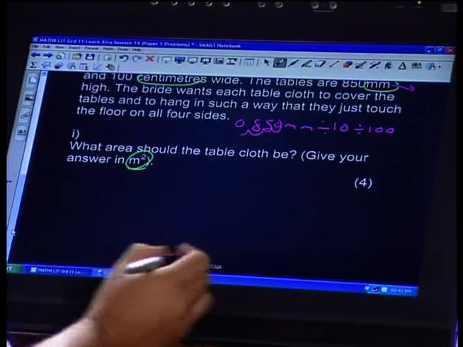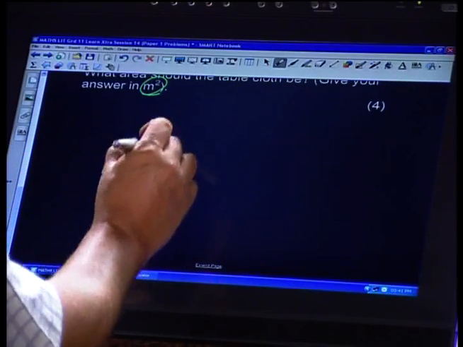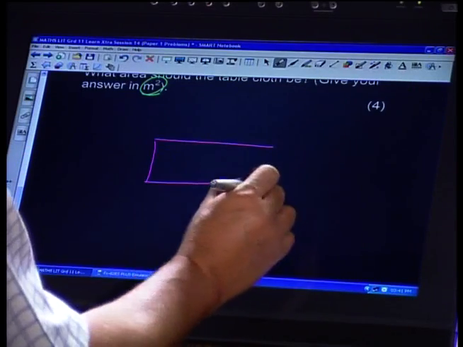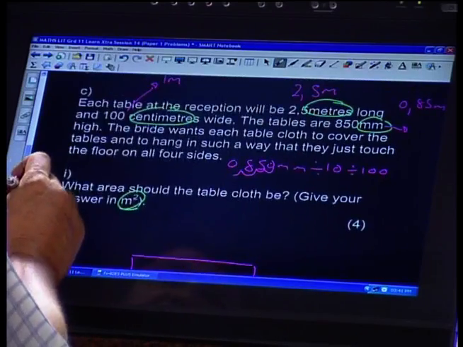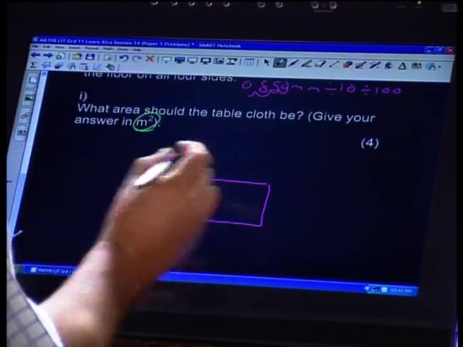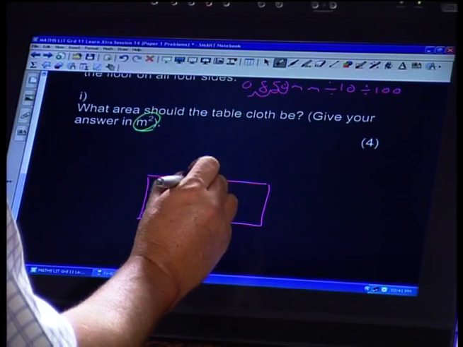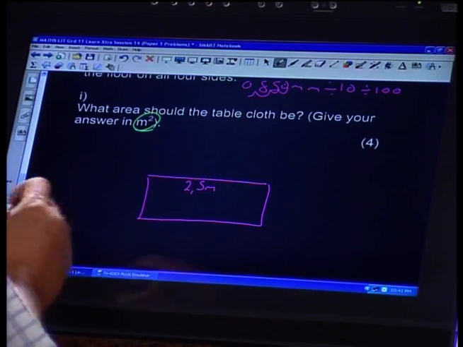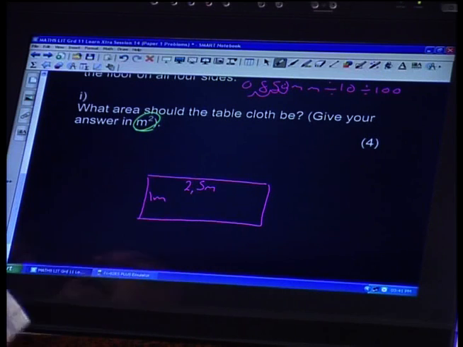Right, now let's unravel this question. Let's bite into it and try and figure out what's going on. So we have a table at your reception. We're told that the table is 2,5 meters long, and you're told it's 1 meter wide.